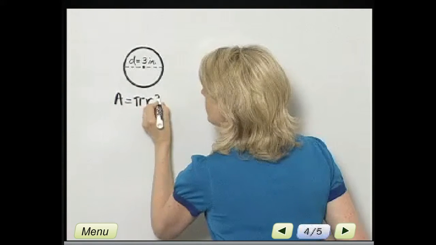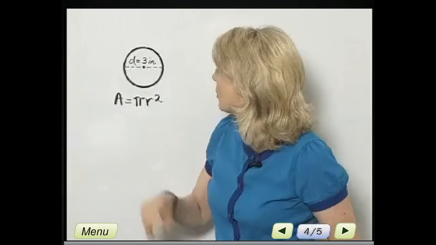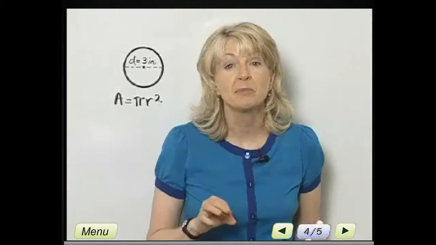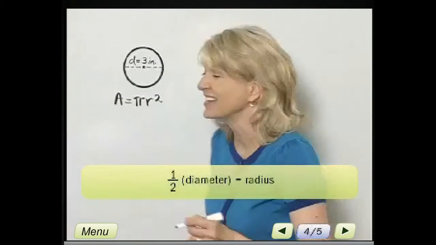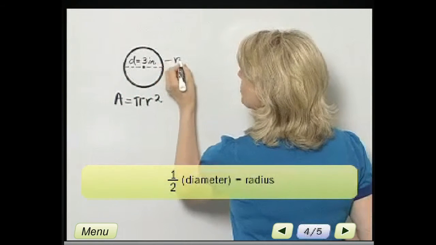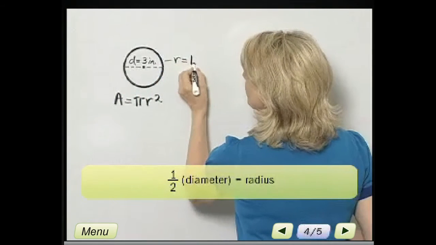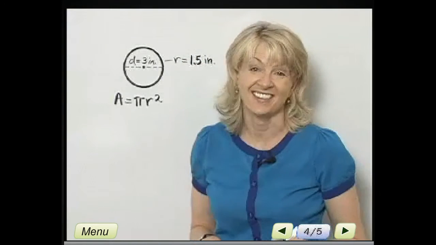It is pi times radius squared. For this particular circle, we are given the diameter. Remember, if you're given the diameter, half the diameter is the radius. So if the diameter is 3 inches, that means the radius is, I'll just use a decimal, 1 5/10 inches.